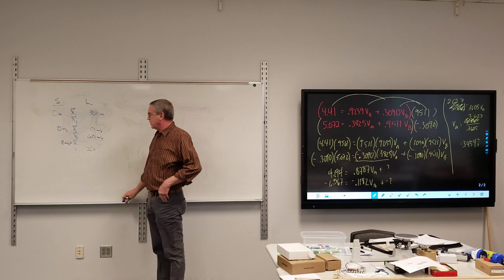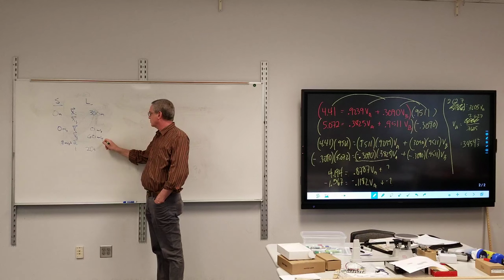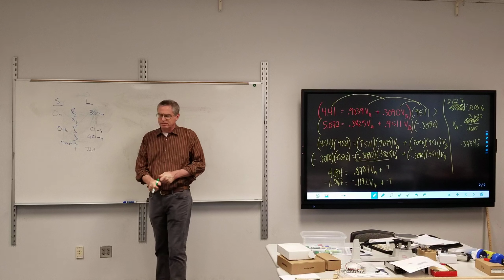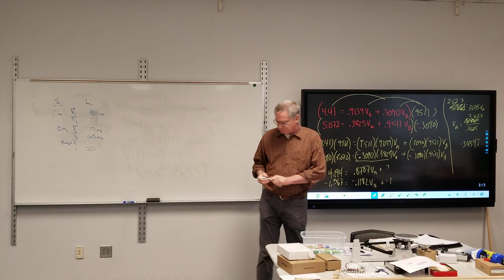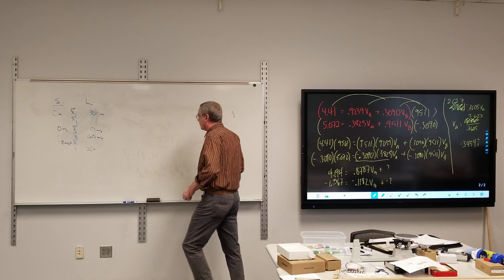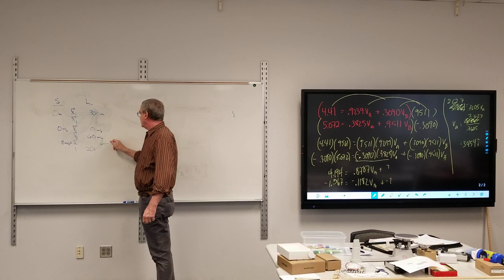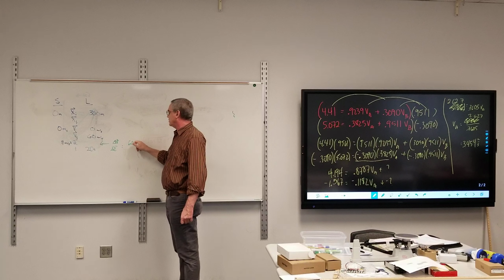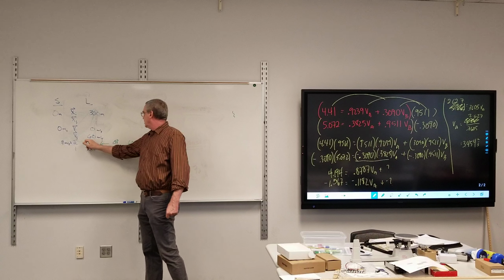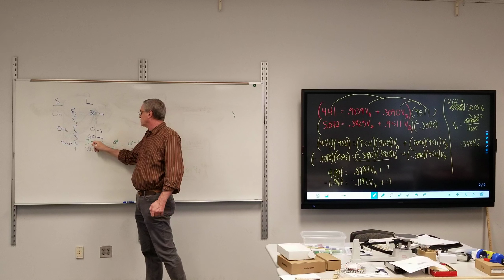So change in velocity over change in time would give us 60 minus 0 over 20. So 3 meters per second squared.